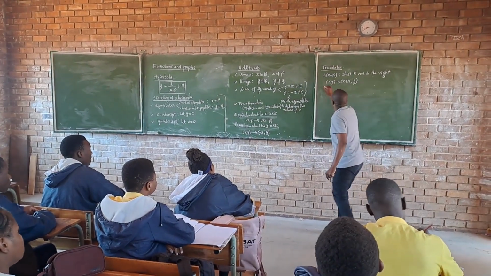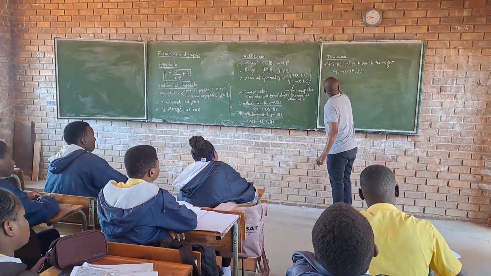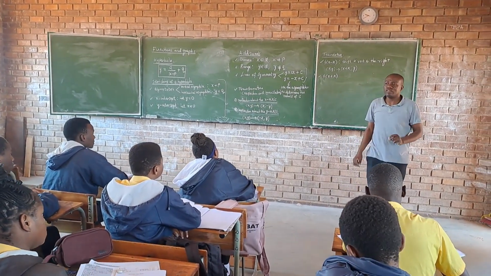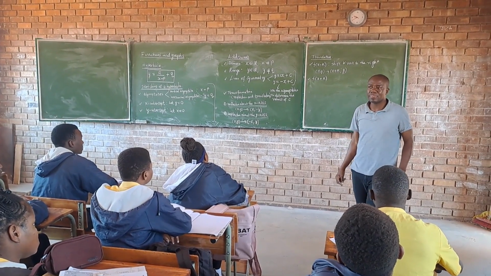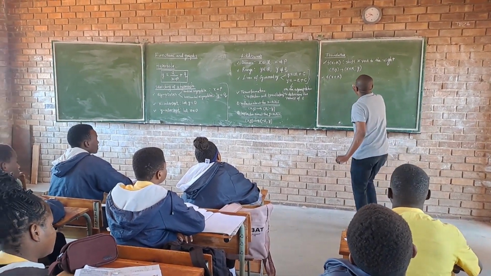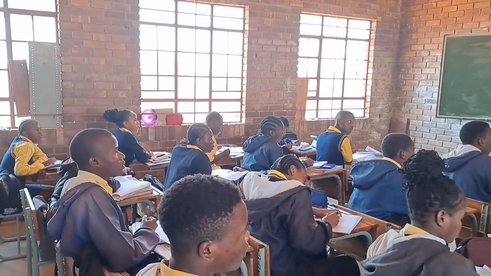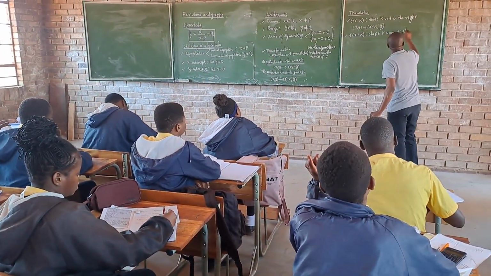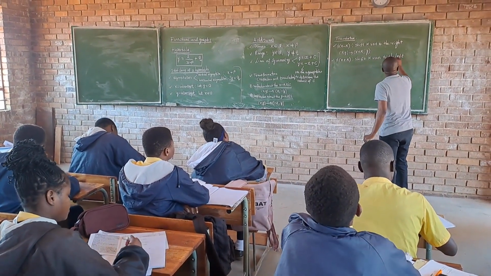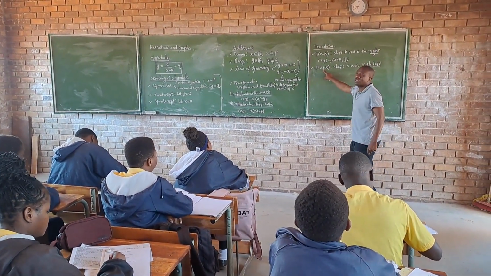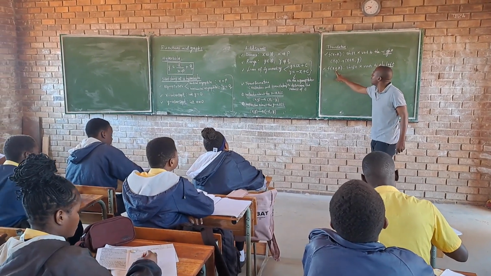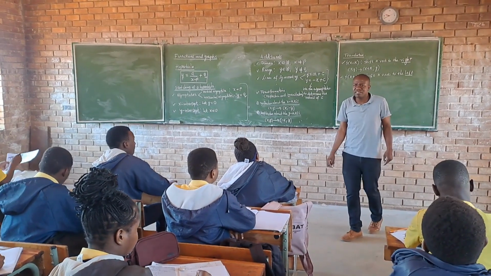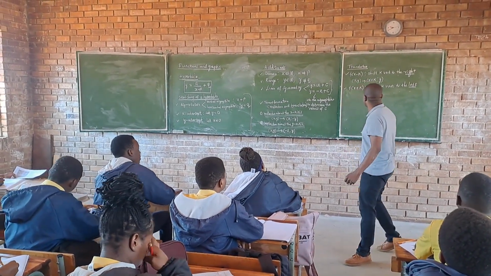But how about when we have f of x plus k? It's inside the brackets now. The graph will shift k units to the left. Remember, in a function, to the left it's affected by a plus, and to the right it's a minus.